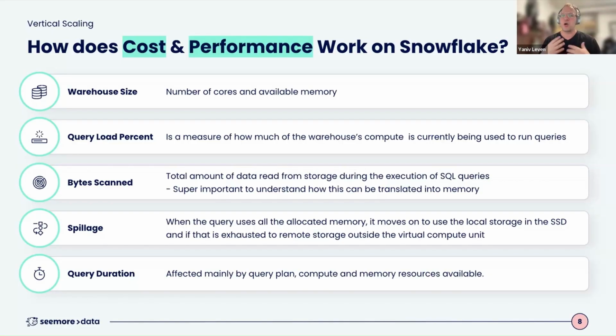So when we started building this algorithm for optimizing the warehouse for the queries and the workloads, we tried to understand what information we can get from Snowflake that could hint where we are.